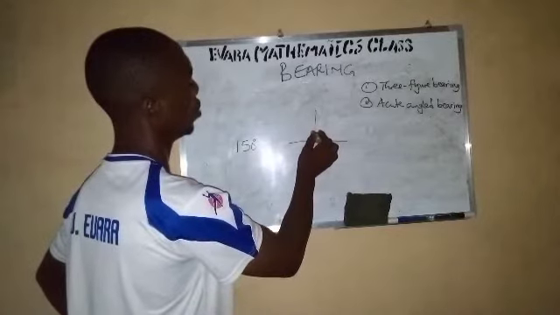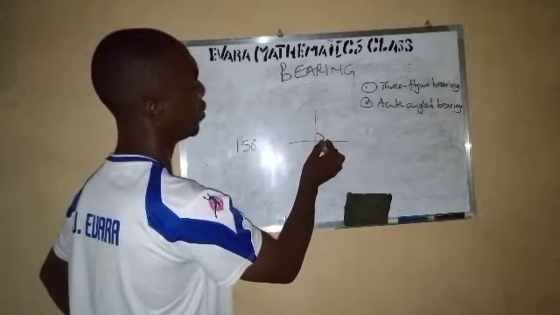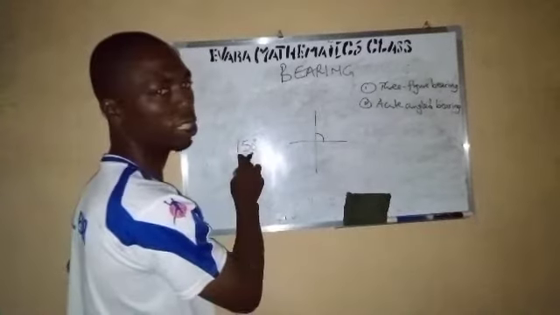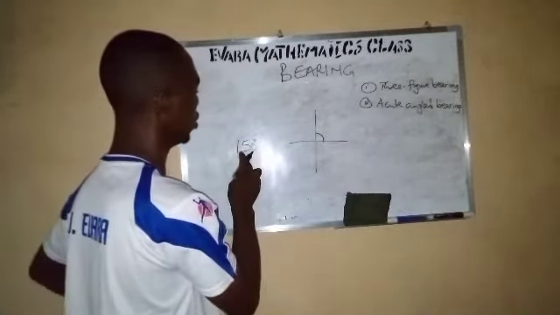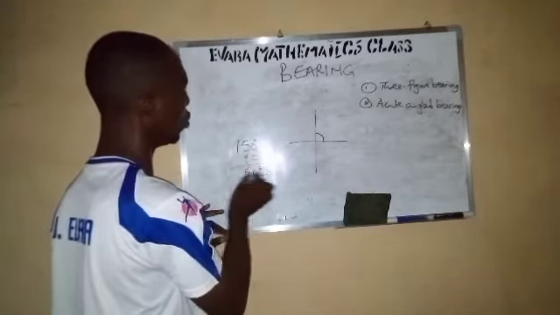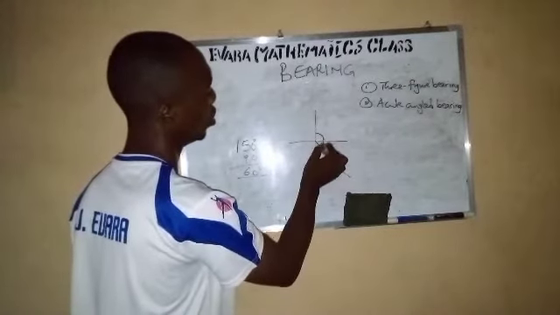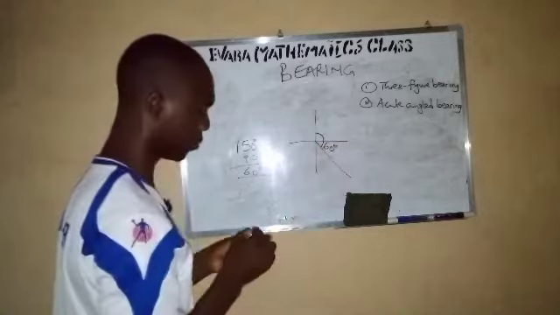From here to this point is 90 degrees. If you take 90 degrees away from this 150 degrees, it will remain 60 degrees. So this is 60 degrees.